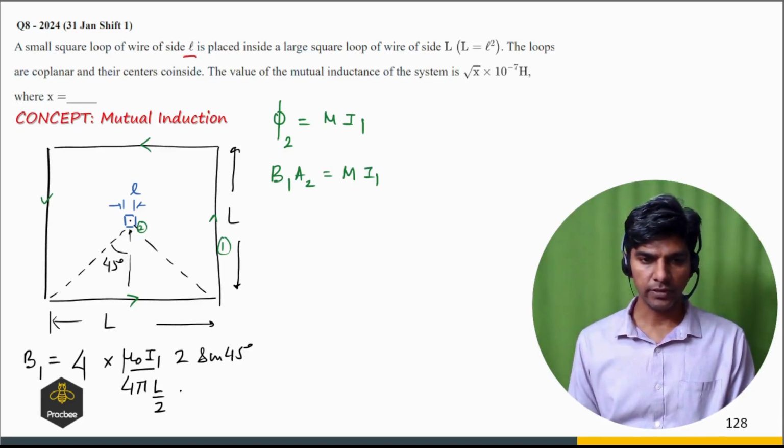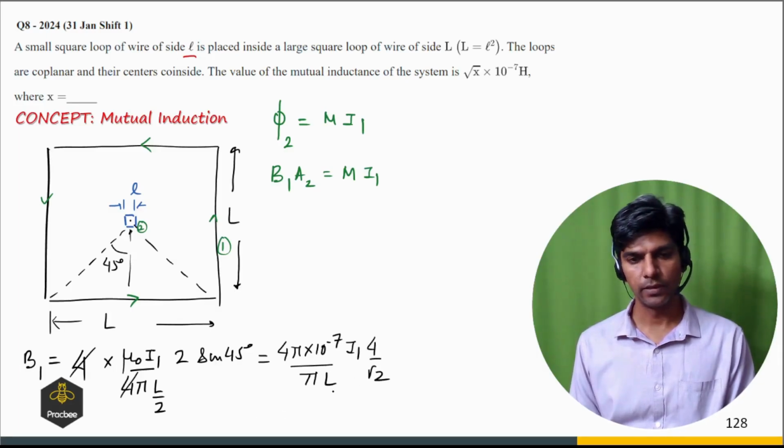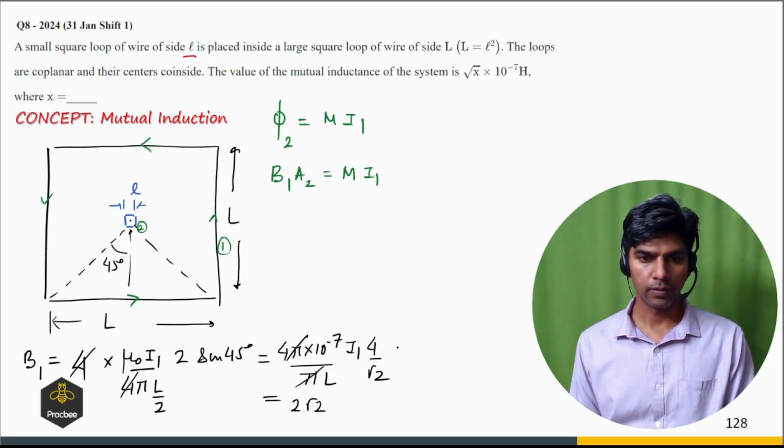So let us simplify this. The 4 will get cancelled out, and mu naught will be 4 pi into 10 raised to power minus 7, times I1 divided by pi times L times 4 by root 2. So this pi will get cancelled out. So we have 2 root 2. So this will be 4, no?